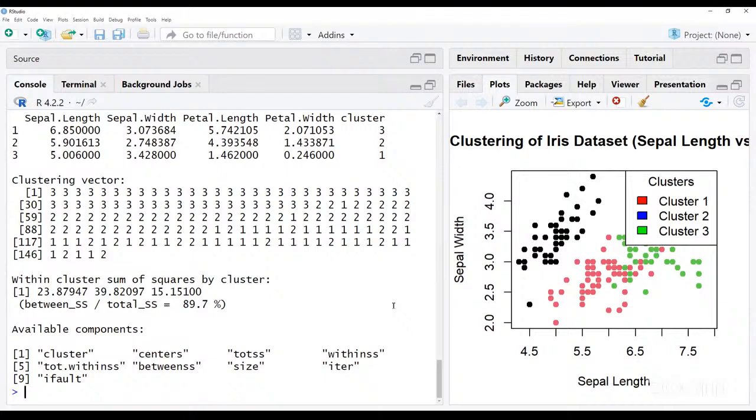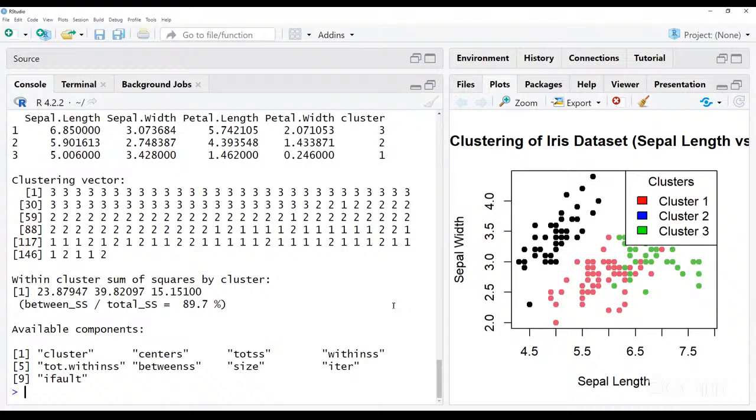The within cluster sum of squares by cluster is 23.87, 39.82, 15 point something. Now between SS divided by total SS is 89.7%. That means 89.7% classification is there.